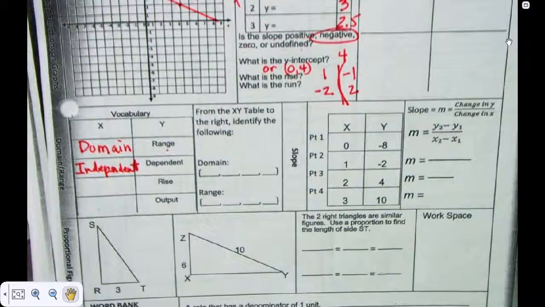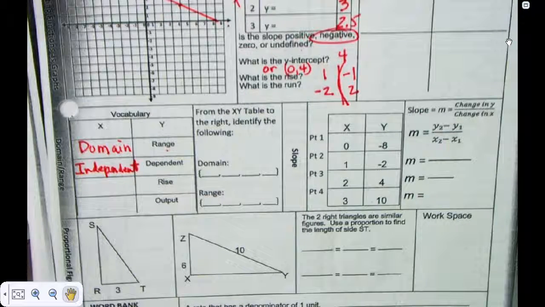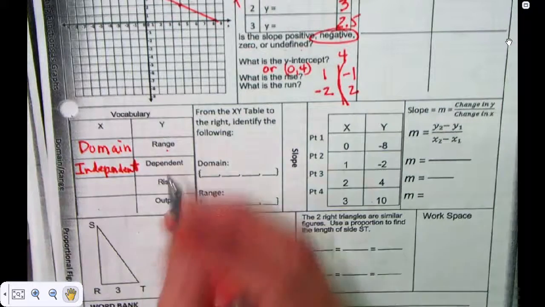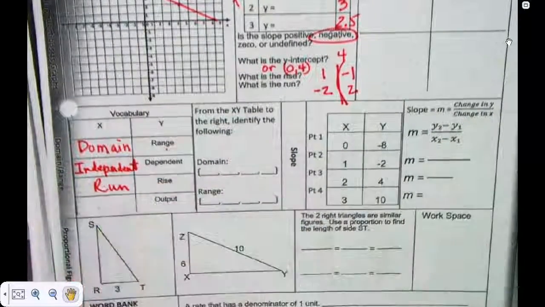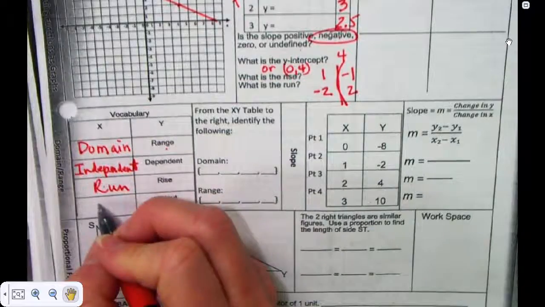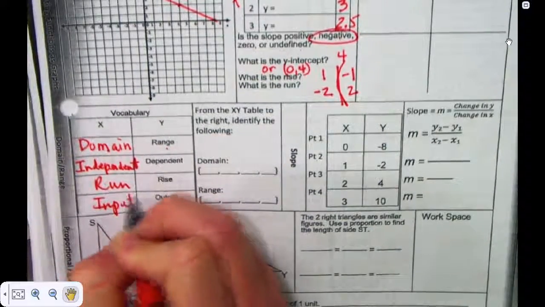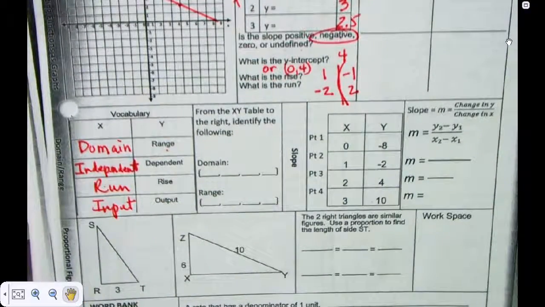You get to choose your x, and what you put in the problem, y is dependent on that. Okay? Y is the rise, x is the run. Rise over run, y over x. Output, good. Input, the money you put in the Coke machine. Output is the Coke, the soda, or water.